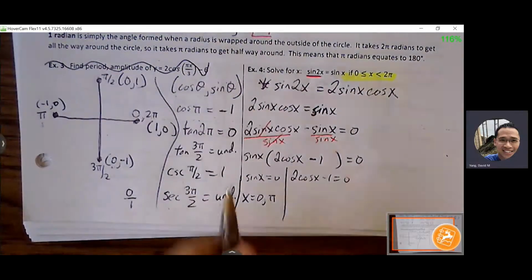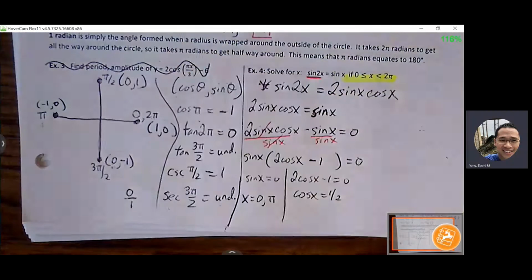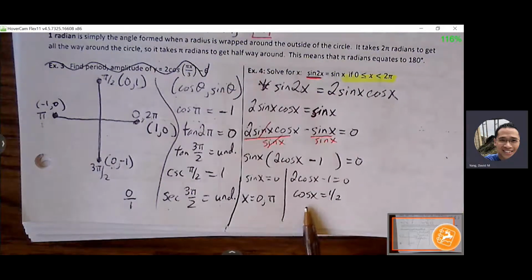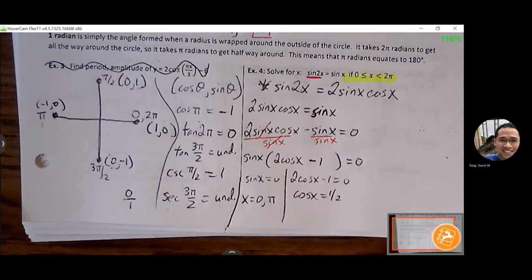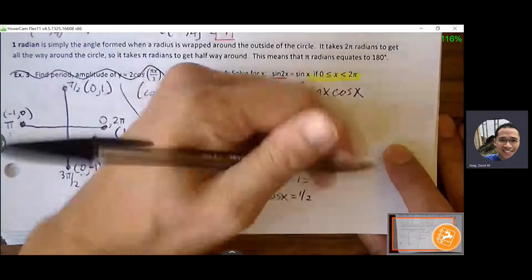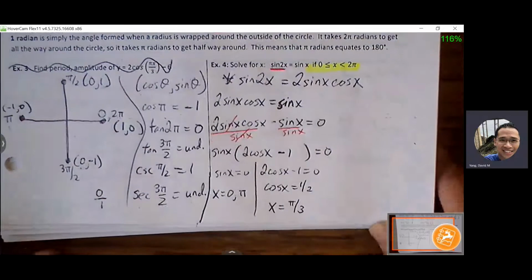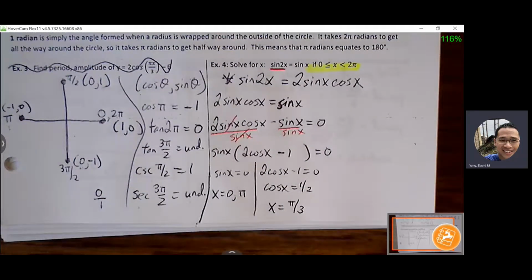Okay, solve for cosine x here. All right, so where is cosine equal to 1/2? But we also want to consider the other quadrants as well, right? Where else is cosine positive? Which quadrant? Fourth.